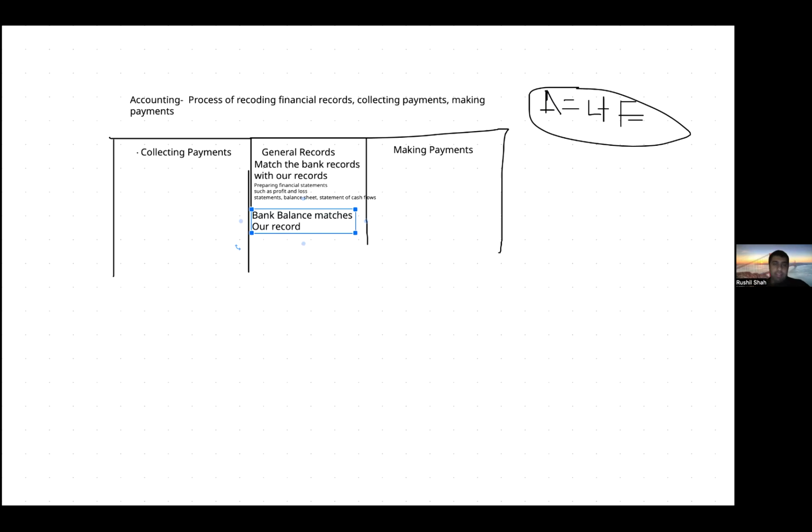And then we have to record transactions in their proper categories.